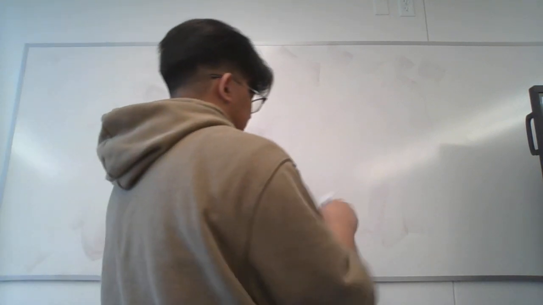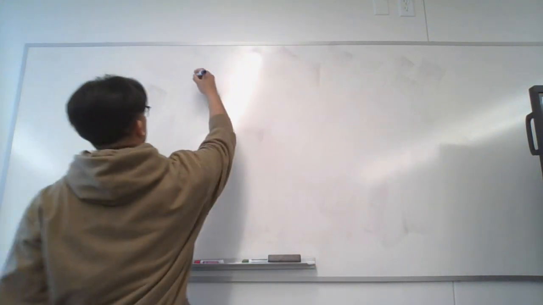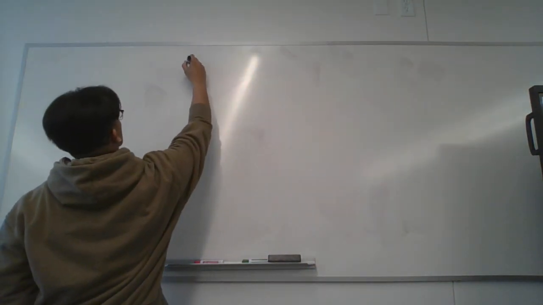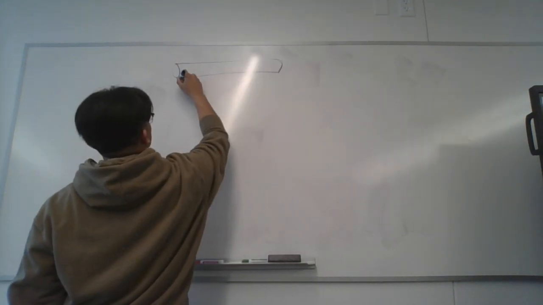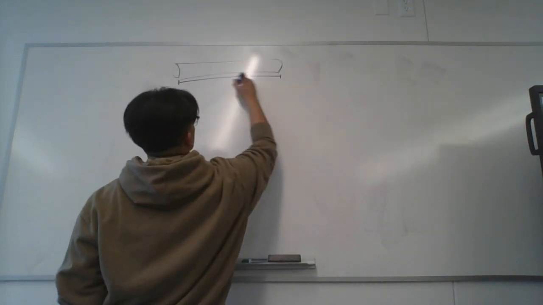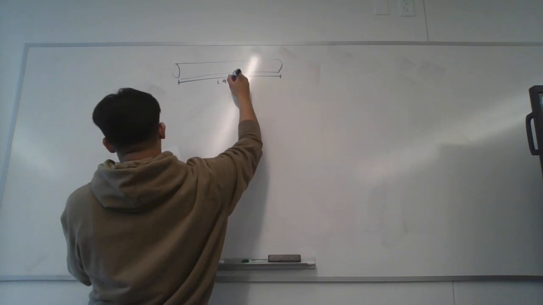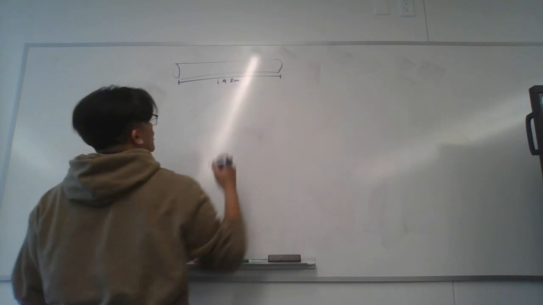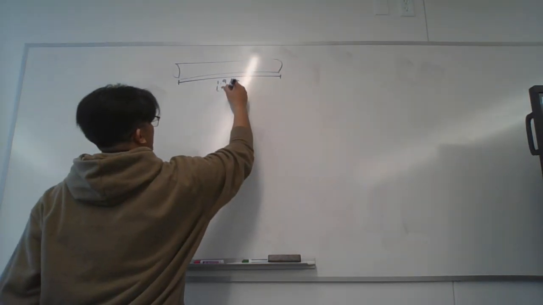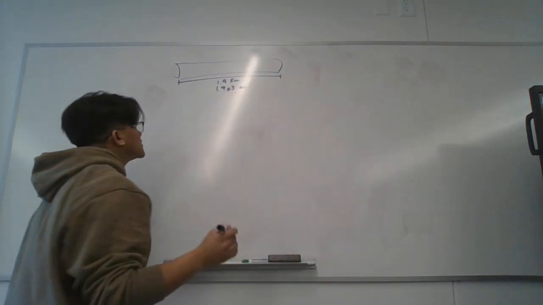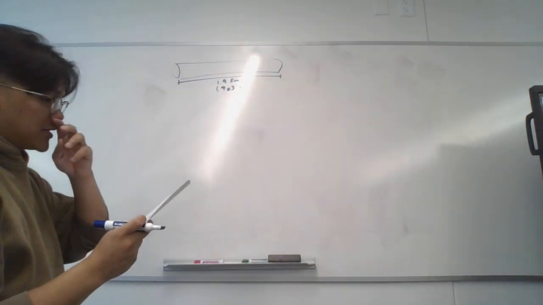We are given a cylindrical copper cable with a length of 1.9 km, and then we convert this to meters to make it easier.